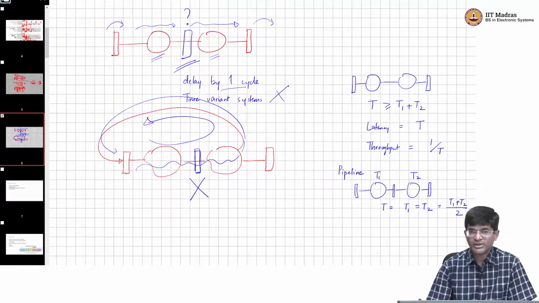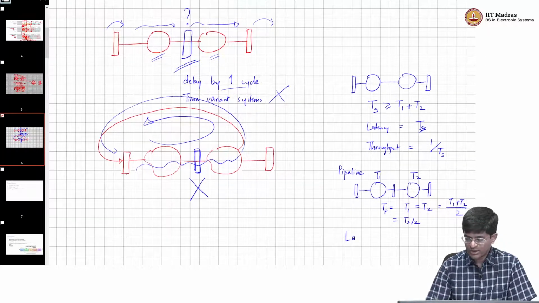So in other words, the clock period that I have now is half of the original clock period that I had for my single cycle system. I'll call this TP just to be clear, and this I will call single cycle, TS. Now what we can see is TP is equal to TS by 2.